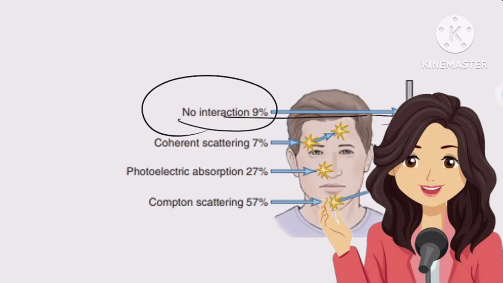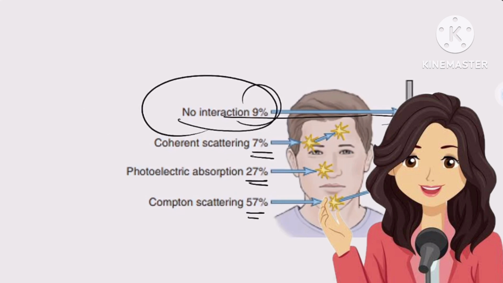Of the other three interactions, coherent scattering is 7%. I'll explain what this is. Photoelectric absorption is 27% and Compton scattering is 57%. Just remember the percentages.